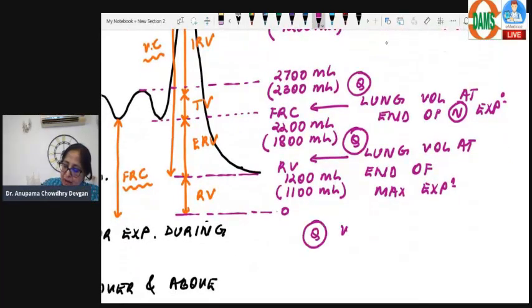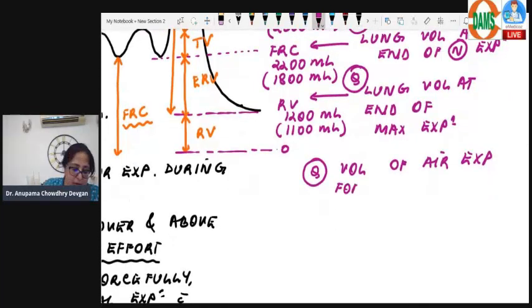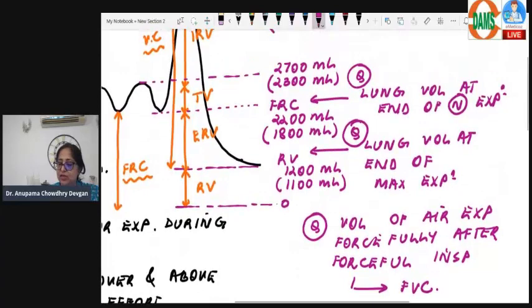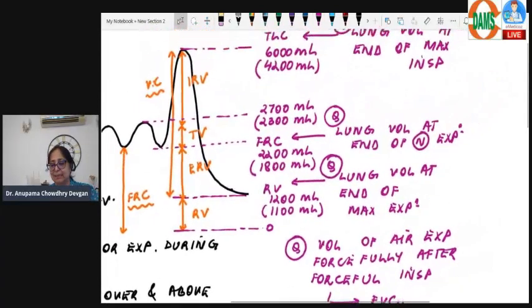Volume of air expired forcefully after a forceful inspiration will be equal to the forced vital capacity. These are the 4 important questions which have been asked in NEET exams.